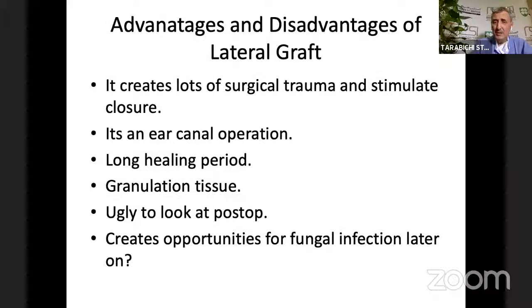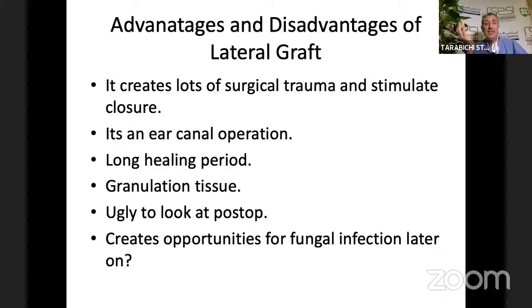So the major issue with the lateral graft technique is that if this doesn't work, nothing else is going to work, and there are sometimes nothing works. The endoscopic lateral graft technique is an ear canal operation. The nice thing about lateral graft is that you're really not fooling around with the middle ear space.